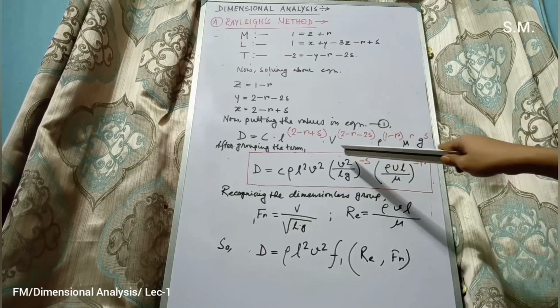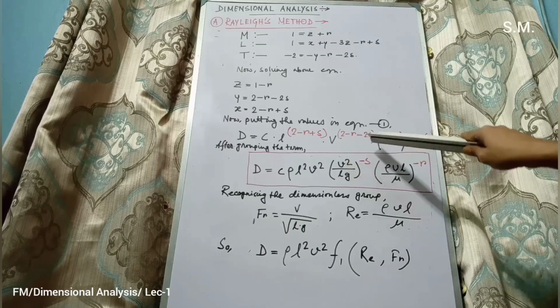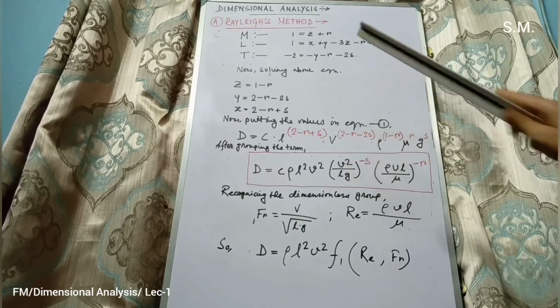We put V square here, and minus S is outside the bracket.